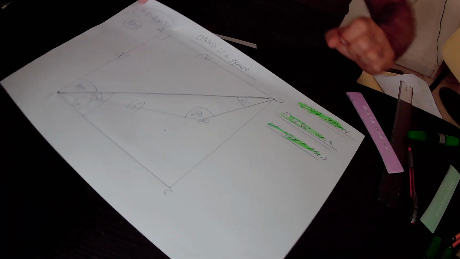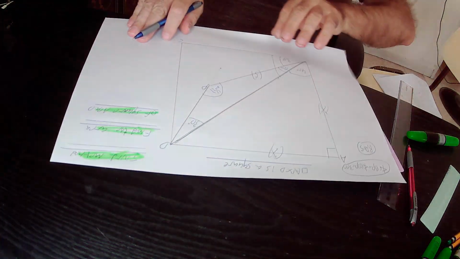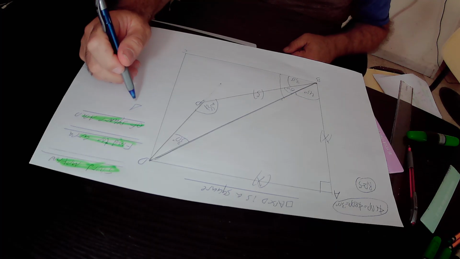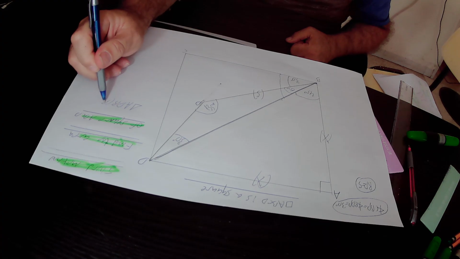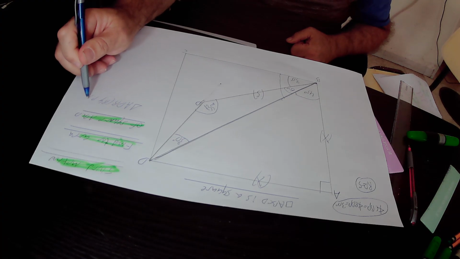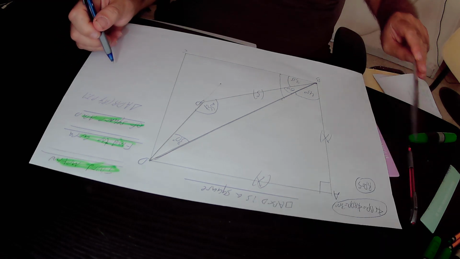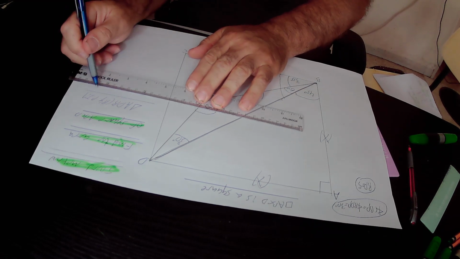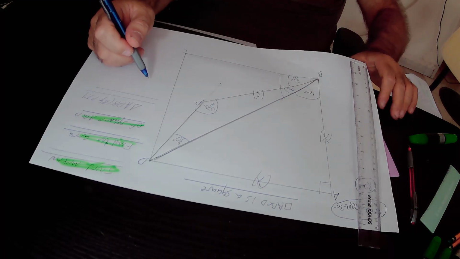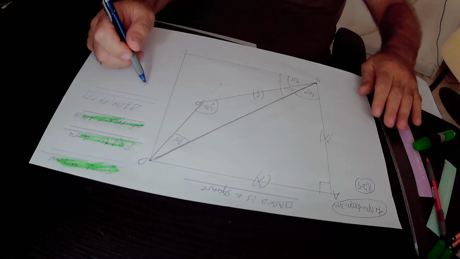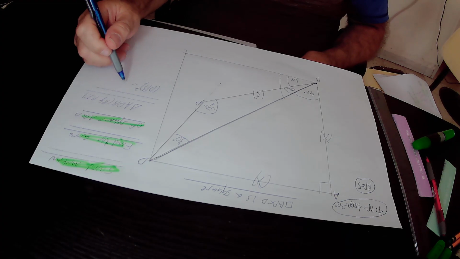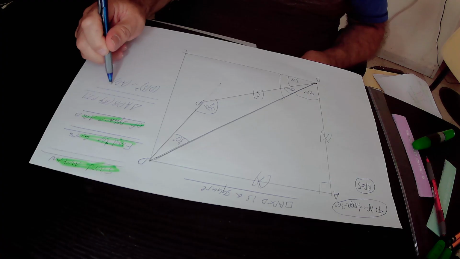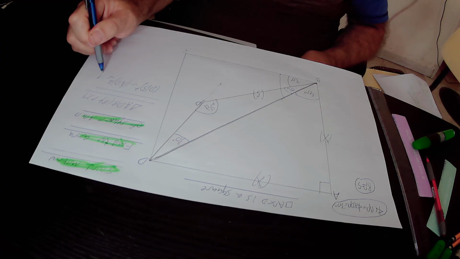So I write it down: DB squared equals AD squared plus AB squared.